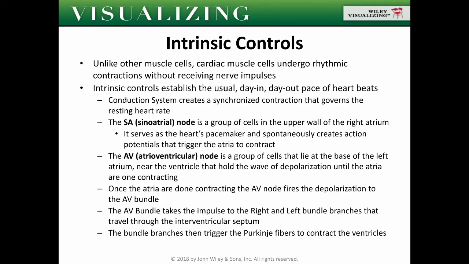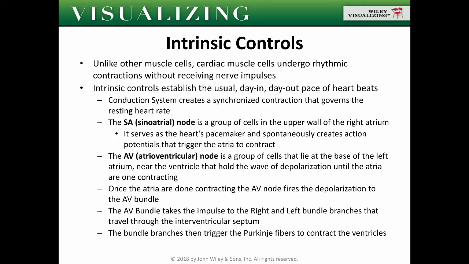How about the control? What controls the beating of the heart? Unlike other muscle cells, because again the heart, the myocardium, myo means muscle, so the heart is technically a muscle. But unlike other muscles, the cardiac muscles undergo rhythmic contractions without receiving nerve impulses.